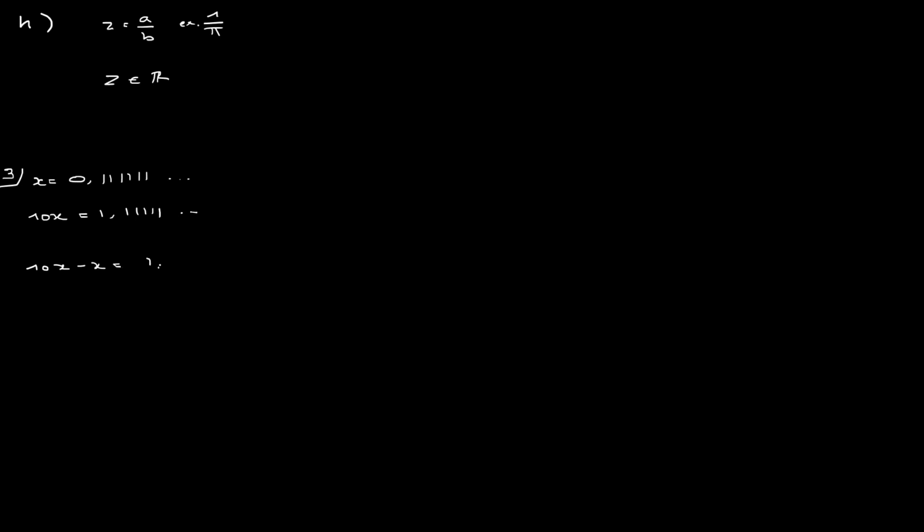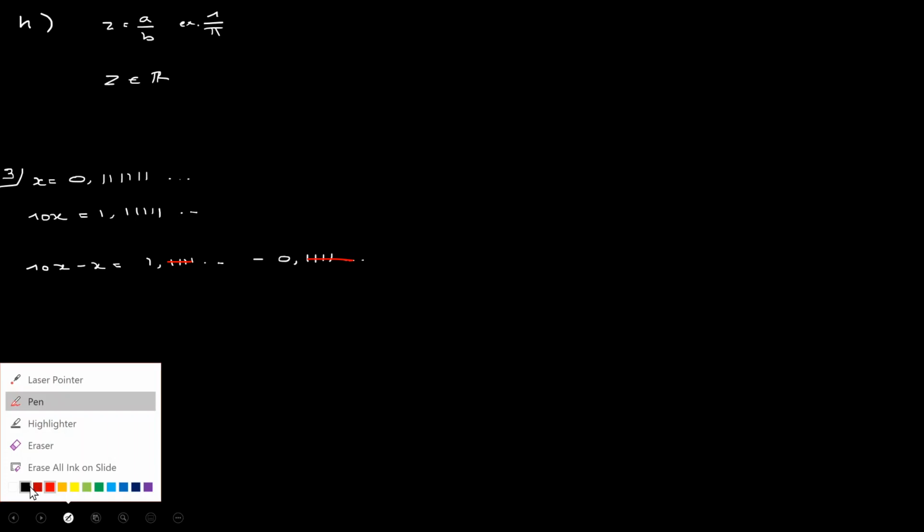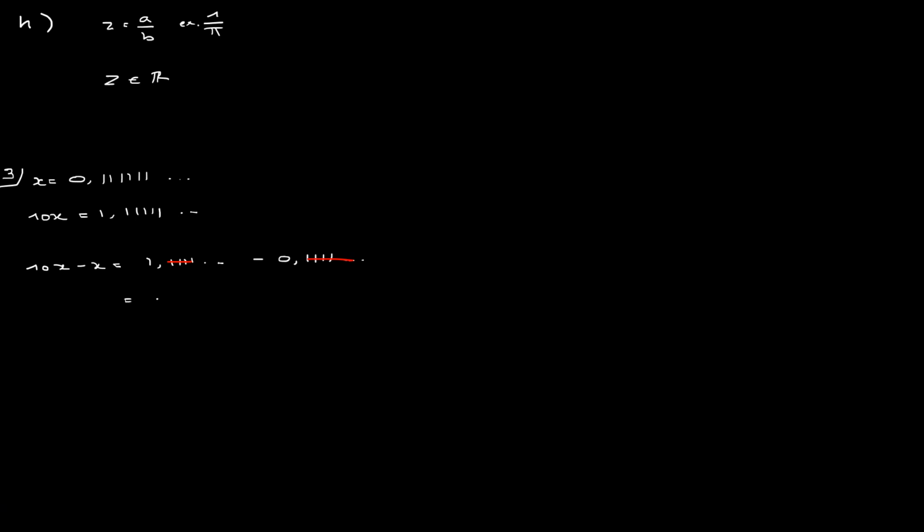We get 1.1111 repeating forever, minus 0.1111 repeating forever. This repeating part is just going to disappear. They're going to cancel each other out, right? So all that's left there is 1. And over here it's 9x.